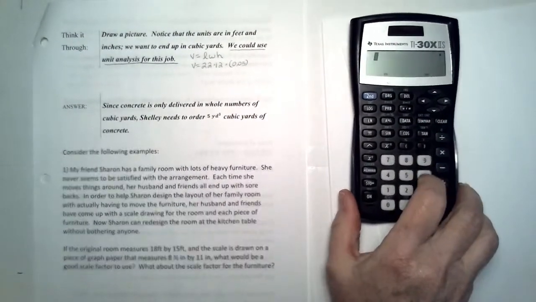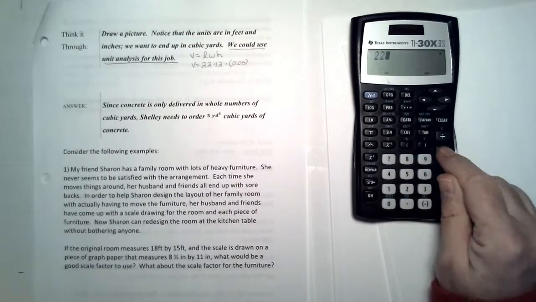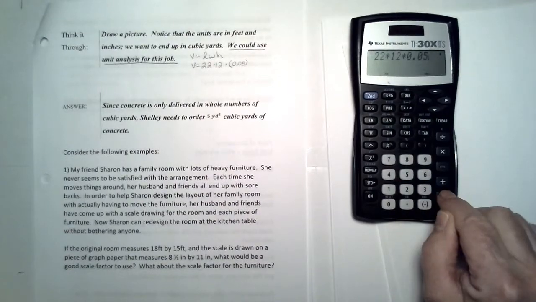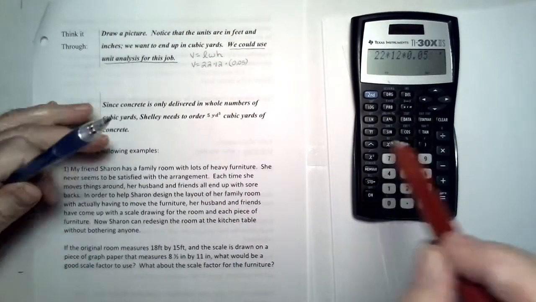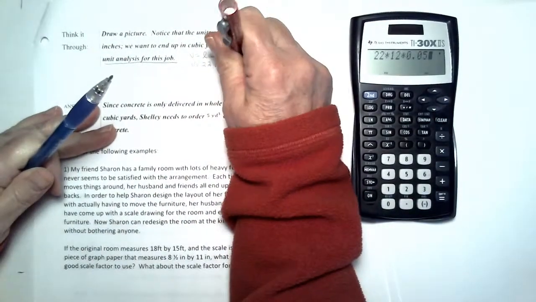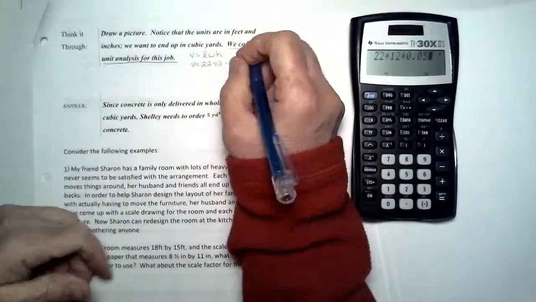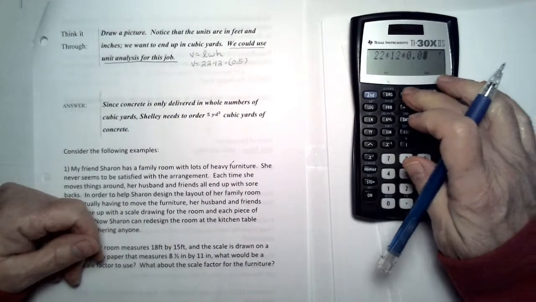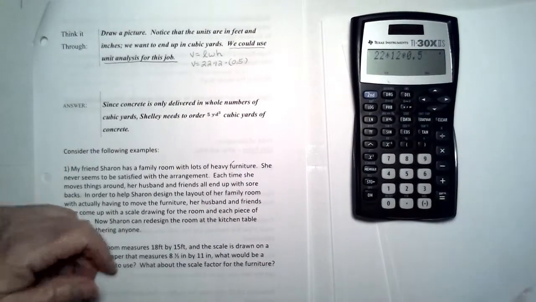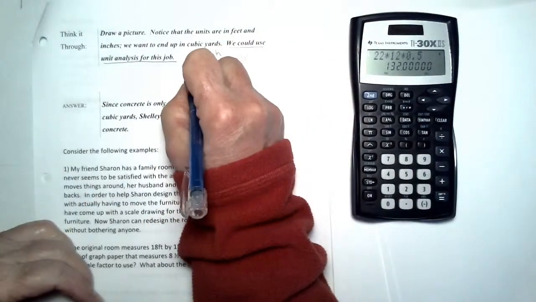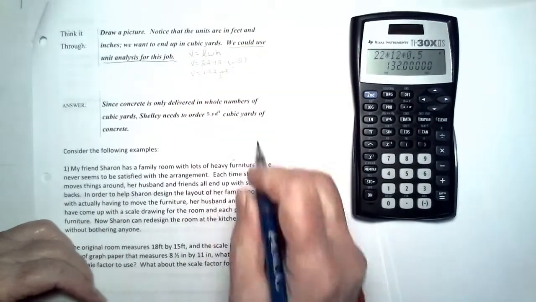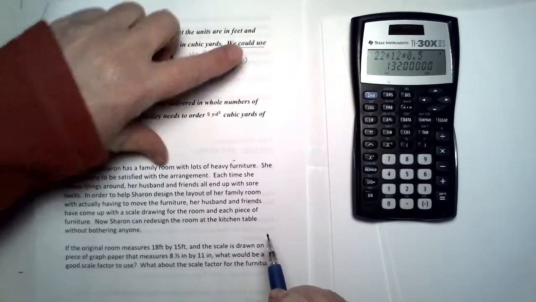So I have 22 times 12 times 0.05. Oh, that's the wrong number, isn't it? It should be 0.5, not 0.05. 0.5. And let's go back and delete that. 0.5. Okay, so I get volume is equal to 132 cubic feet. Cubic feet. Feet times feet times feet.